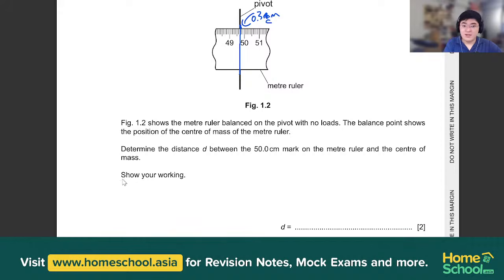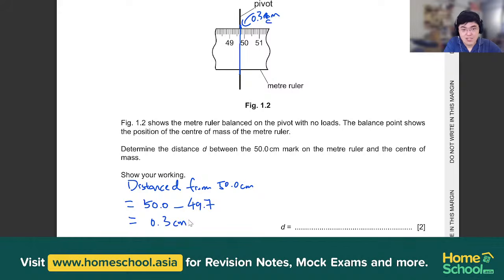Right, so we just need to do this: distance d from the 50 cm marking is equal to 50.0 cm minus 49.7 cm. So 49.7 over here, and that gets you 0.3 centimeters.